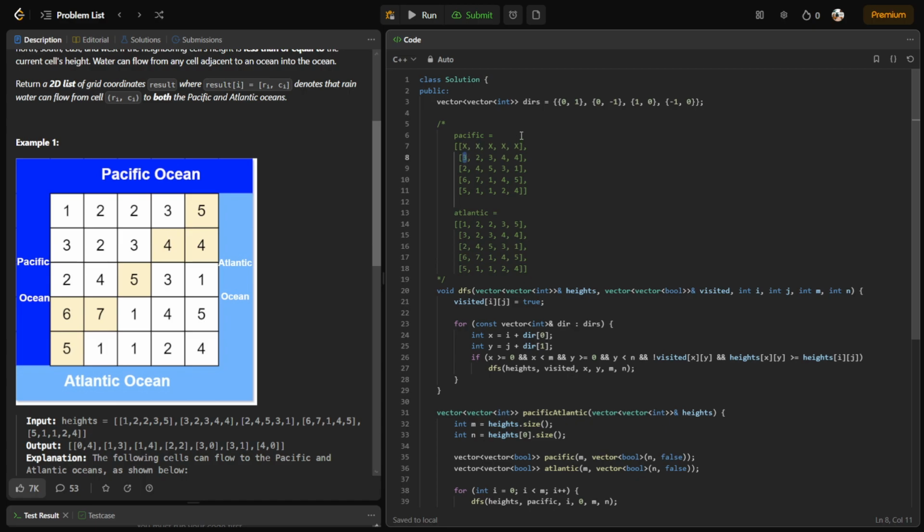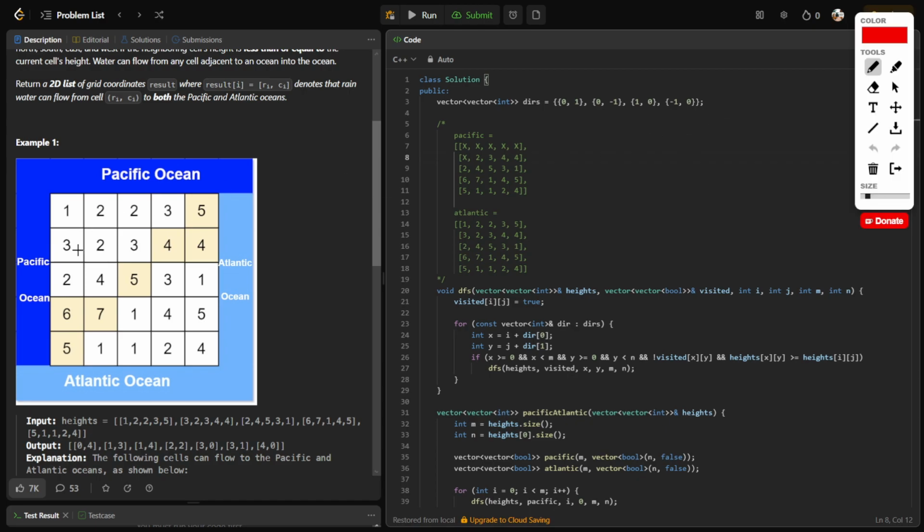This 3, it can flow, right? 3 to 1, it can flow here. For 2, it can flow as well, right? From 2 to 2, 2 to here is the same thing, smaller, smaller, right? So here all of the rows can be considered as well.